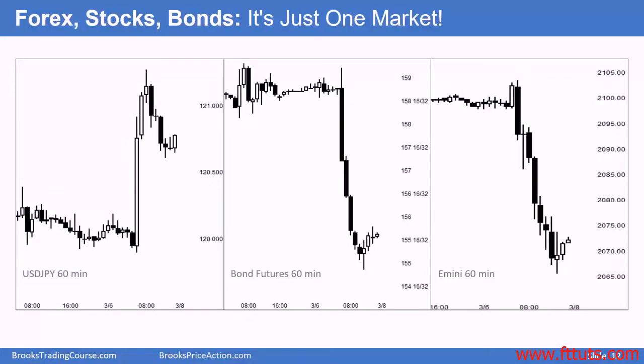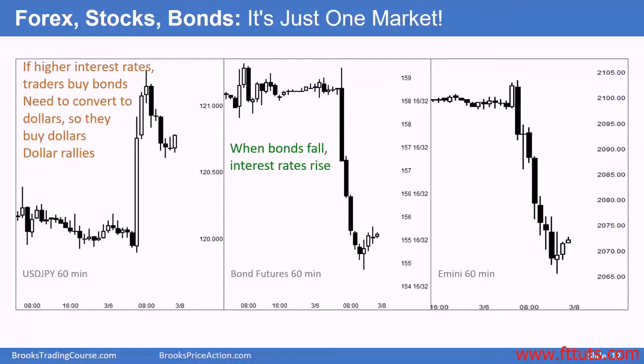Look at this. This is all the same time. This market rallied, and these two sold off. This is the 60-minute chart of the dollar versus the yen, and it rallied very strongly. This is bond futures, and it sold off very sharply. And this is the E-mini, the stock market, and it sold off very sharply. When the bond market falls, interest rates rise. If interest rates go up, traders buy bonds, and they need to convert to dollars if they're buying American bonds, and therefore the dollar rallies.